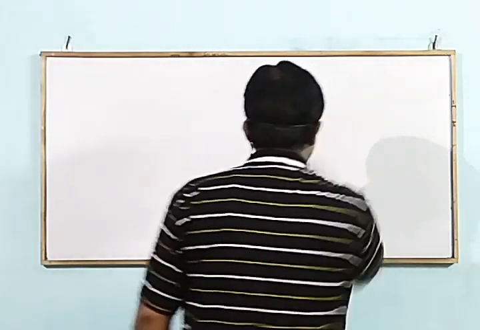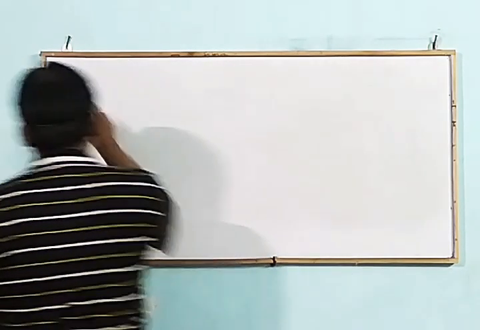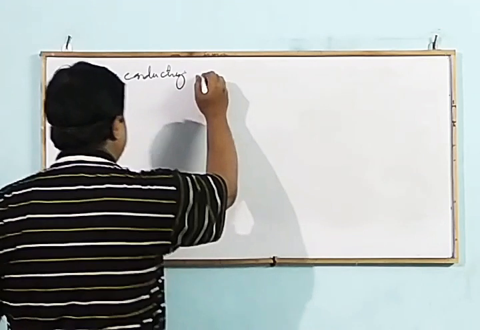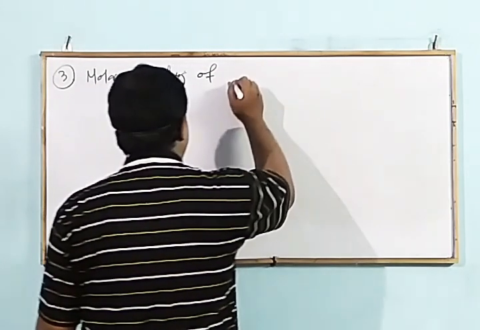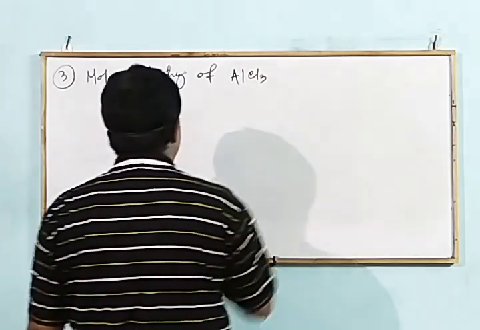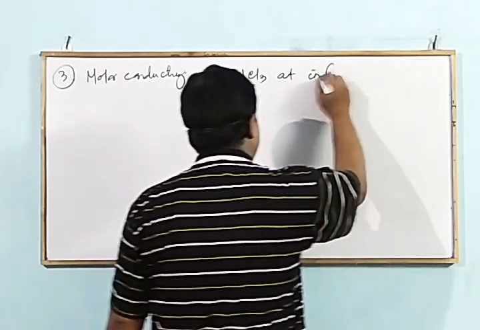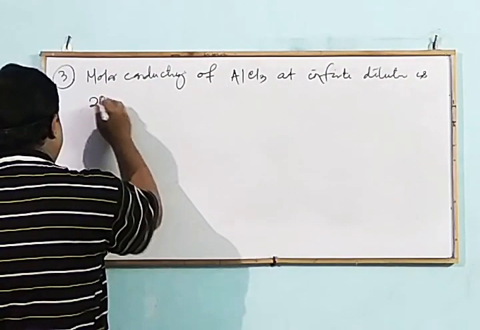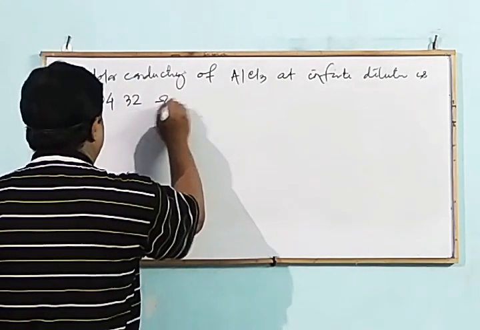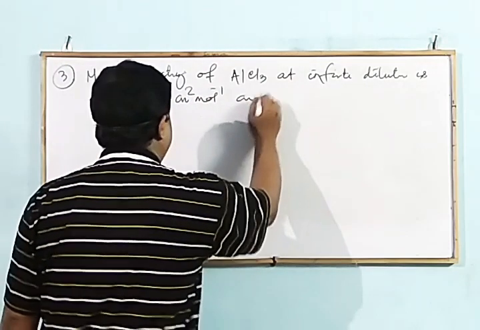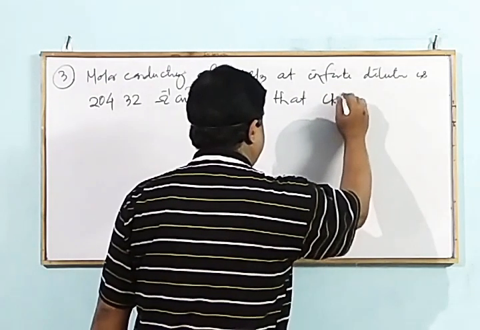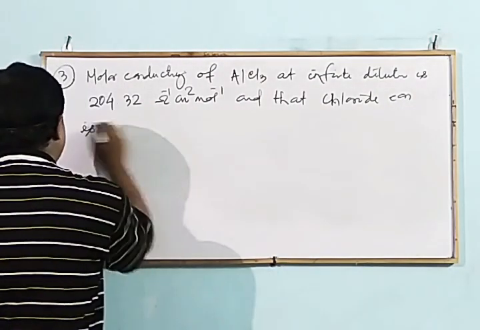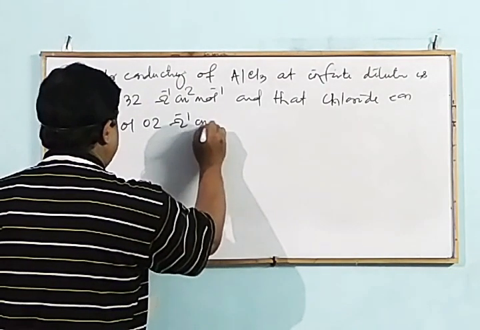Next question. Molar conductivity of aluminum chloride at infinite dilution is 204.32 ohm inverse cm square mole inverse, and the molar ionic conductivity of chloride ion is 101.02 ohm inverse cm square mole inverse.